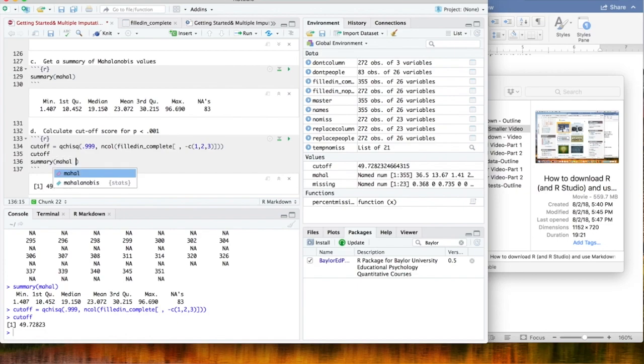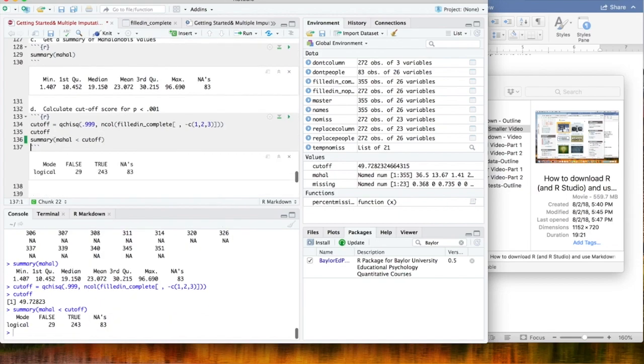Let's check out the number of people who have Mahalanobis values less than the cutoff. Okay. And 243 people had Mahalanobis values less than the cutoff. That's why that's designated as true.